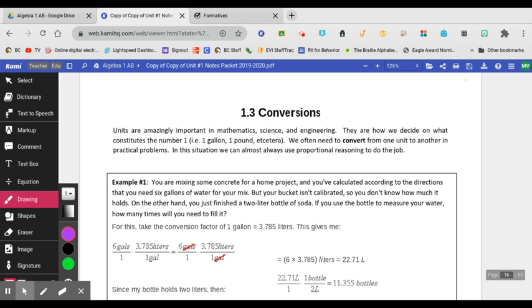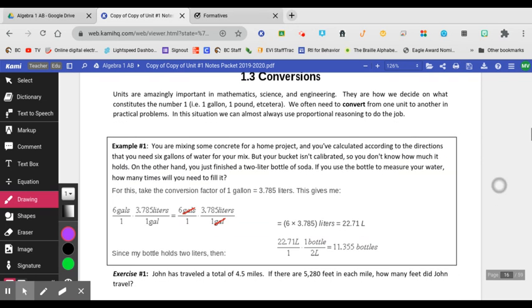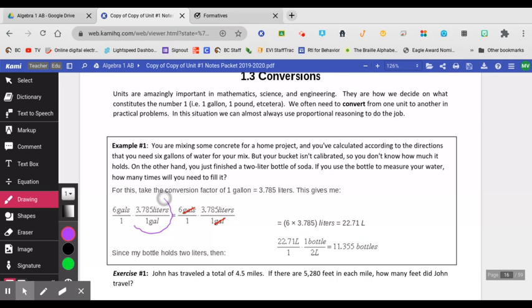So if we know we need 6 gallons, we're going to multiply by the conversion factor, which is 3.785 liters per 1 gallon. So when we multiply, we can divide out the units, gallons and gallons. If we multiply 6 times 3.785, that tells us that we need 22.71 liters.